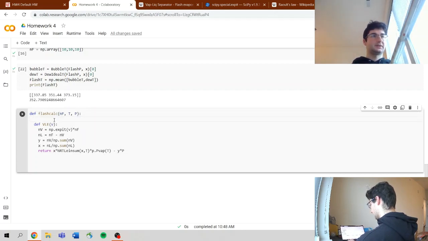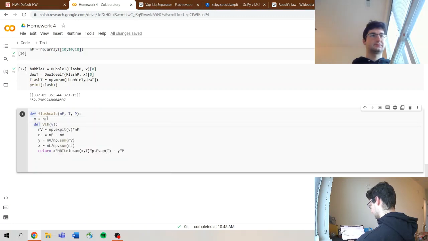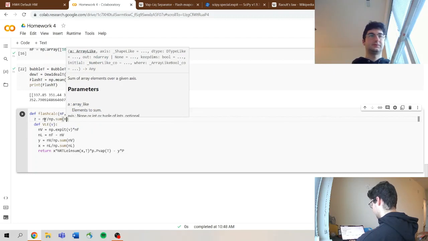Okay, so x equals, that shouldn't be an x, that should be a z, because z is what you normally use for the feed. Yeah, np.sum NF.